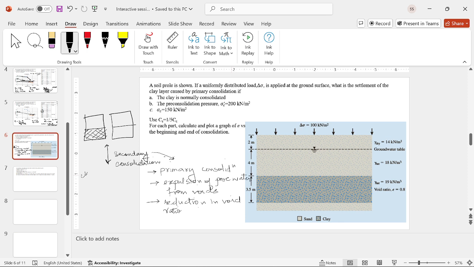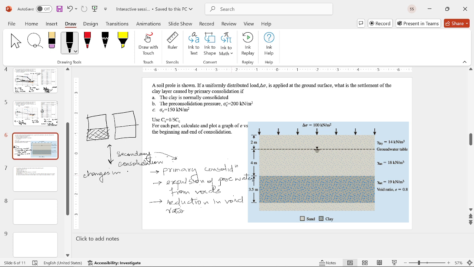There are changes in soil structure due to long term loading or strain.